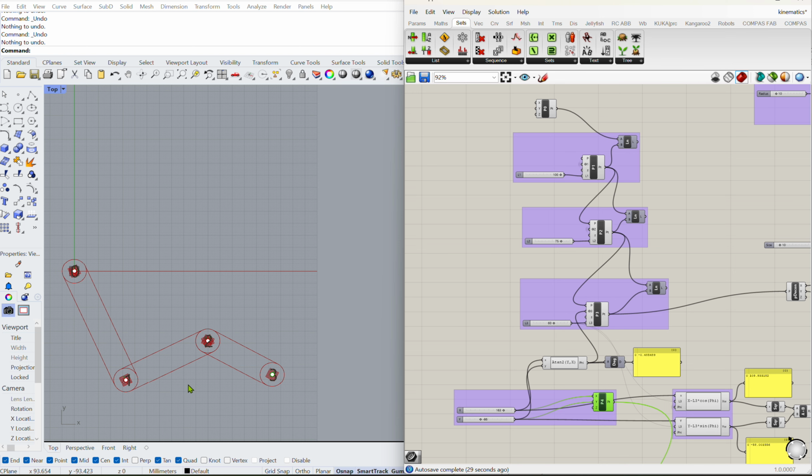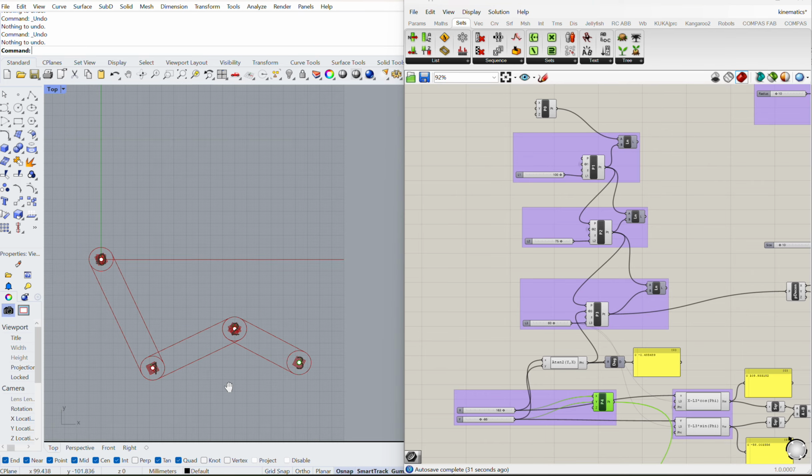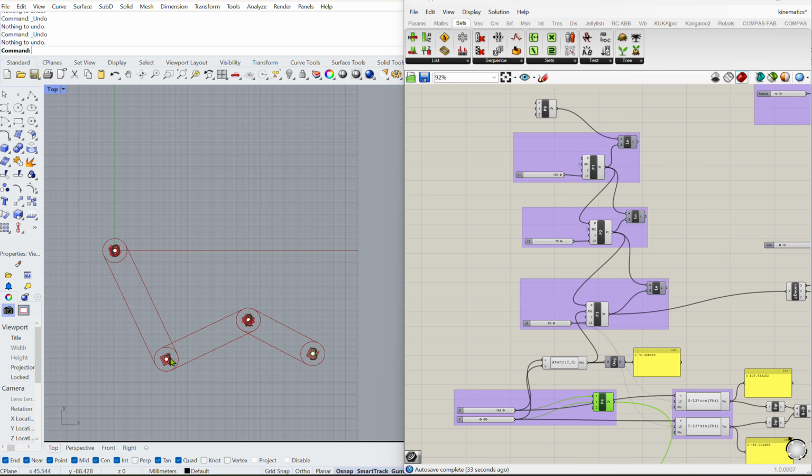If you think about this from an XY position, each point has its own XY coordinates and its own XY plane.